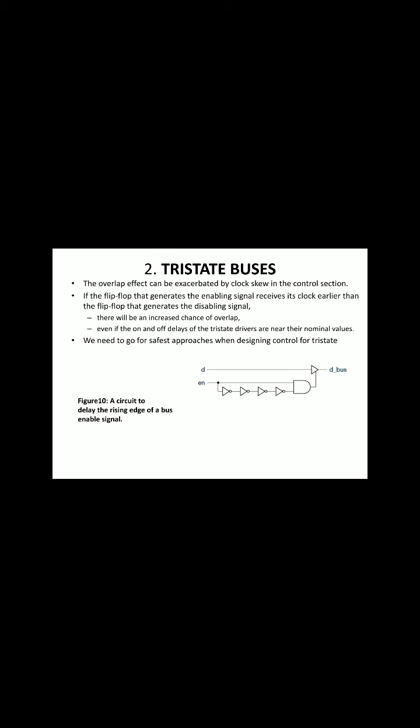The enable signal is passing through a chain of inverters to the AND gate, where the AND gate gets input from one enable signal and the chain of inverters. This means there is a mismatch of enable signals. You can observe carefully.